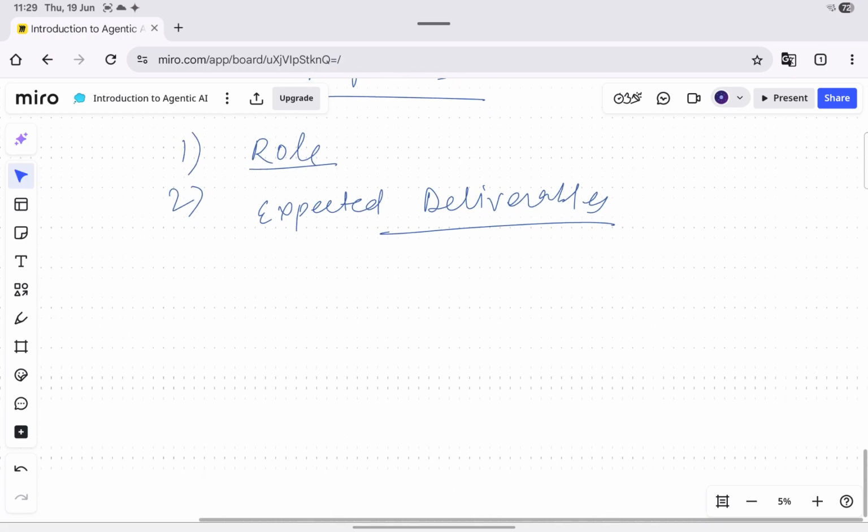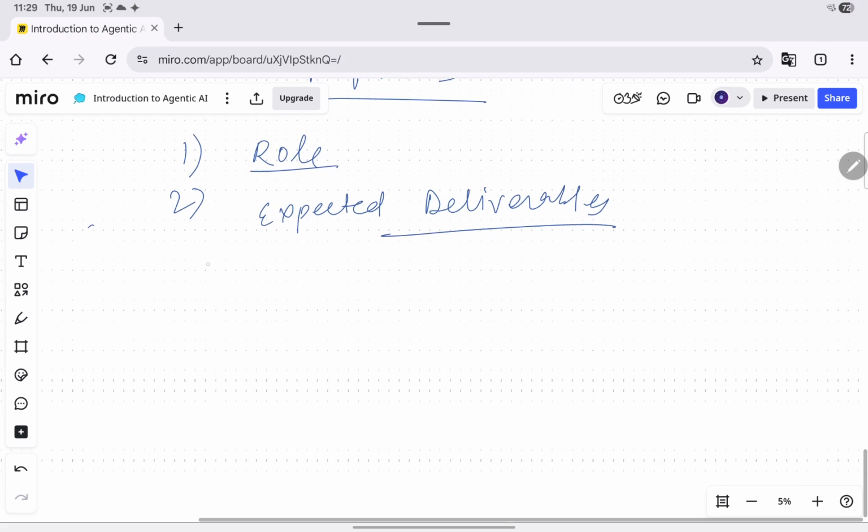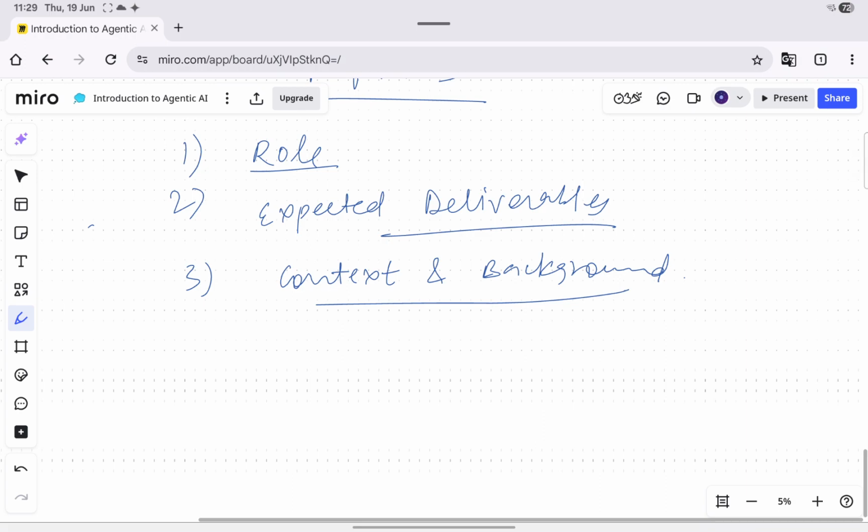Now the third is the context and background. Here you provide the context and background information each agent needs to start working effectively.